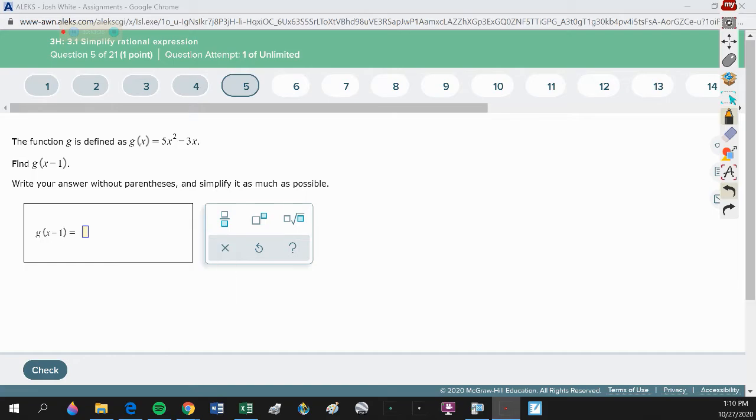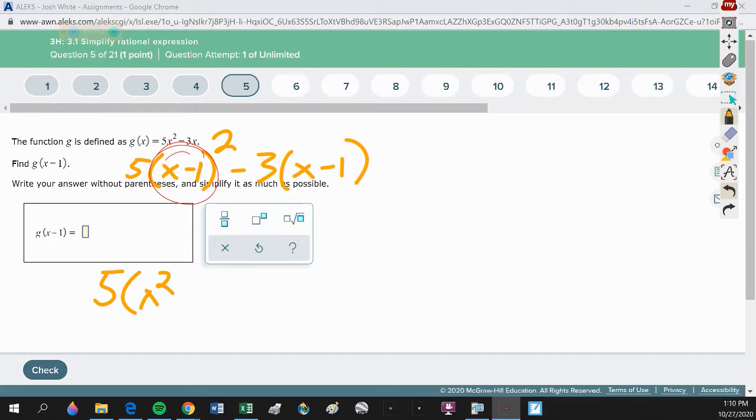Okay, number 5. So we need to plug in x minus 1. So that gives us 5 times x minus 1 squared minus 3 times x minus 1. Can you square this in your head? So it's going to be x squared. So we get 5 times x squared.